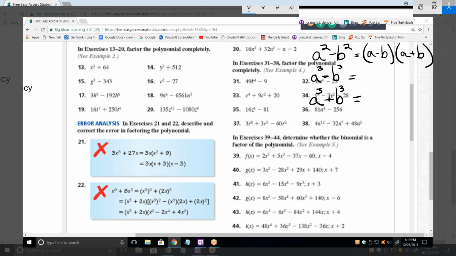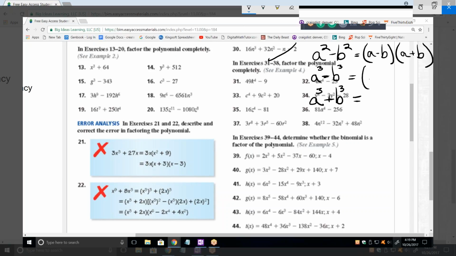Notice that we have the difference of perfect squares, but we don't have the sum of perfect squares. That's because the sum of perfect squares doesn't factor. The sum of odd powers does factor. So if this 3 is odd, then you can factor the sum of perfect cubes. And you can always factor the difference of perfect anything. You can factor the difference of perfect squares, the difference of perfect cubes, the difference of perfect fourths.